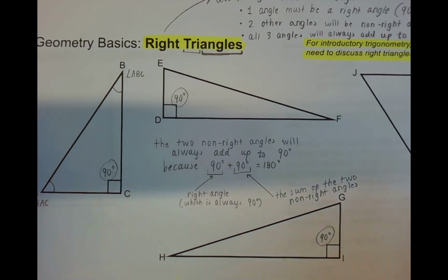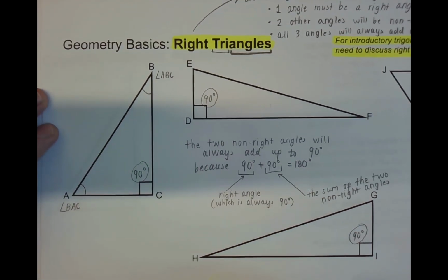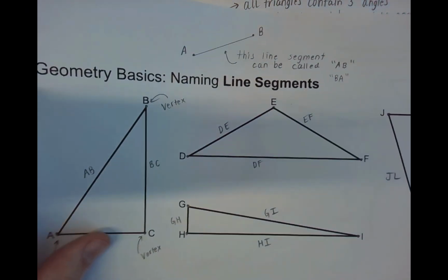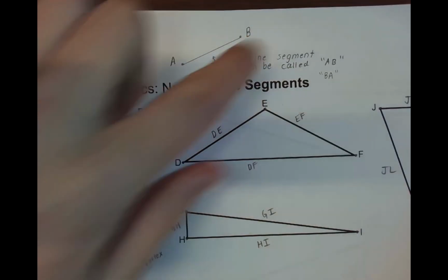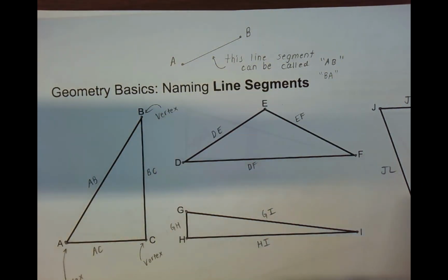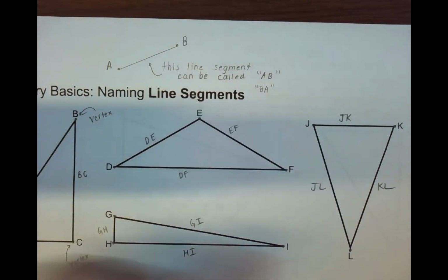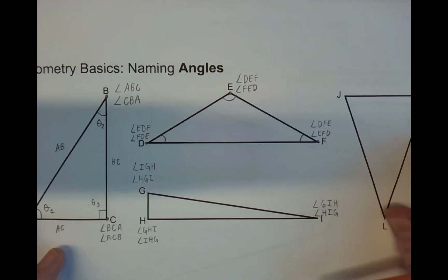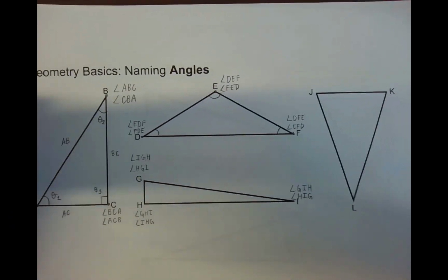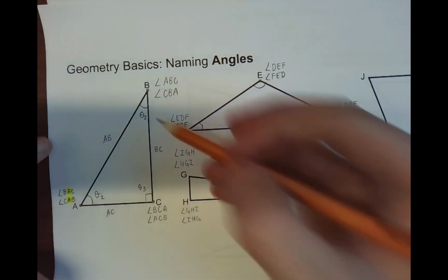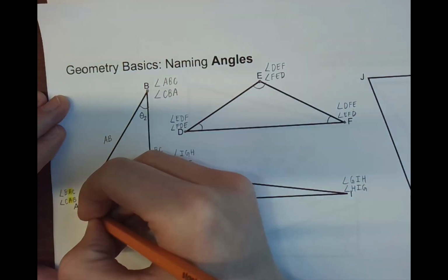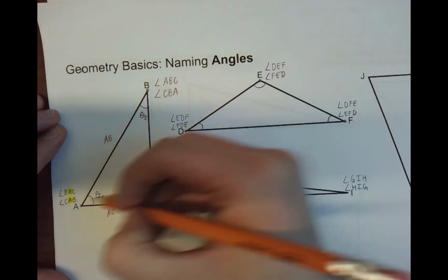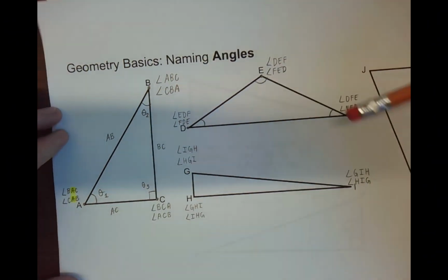So that's some of the basics. We've spoken about how we can name line segments, like AB, DE, JK, JL. We can name angles based on the path I take. For this angle, I'm going B, A, C to create that angle, so I can name it BAC or CAB.